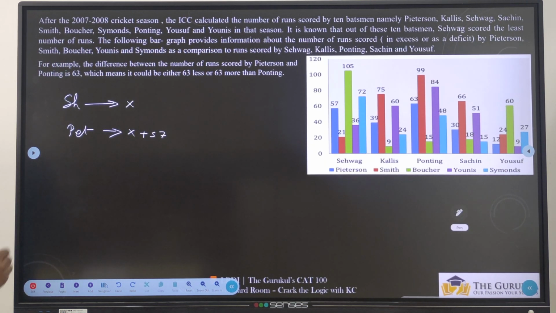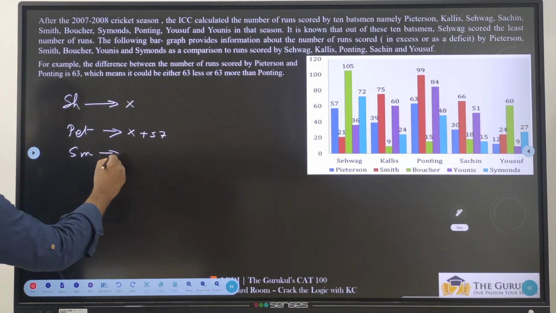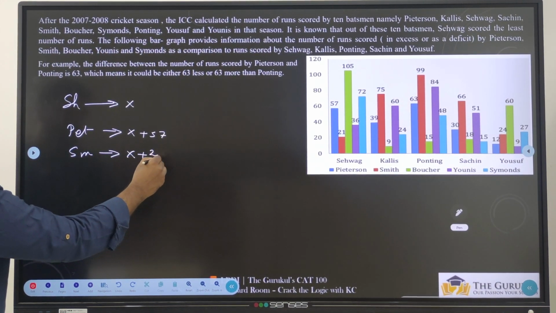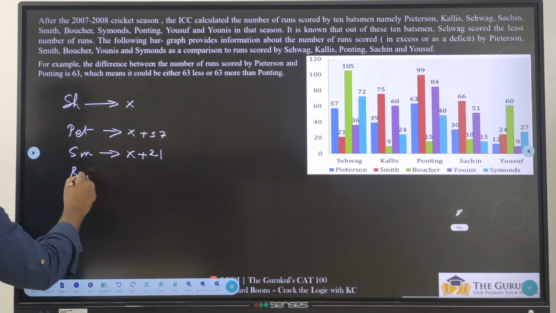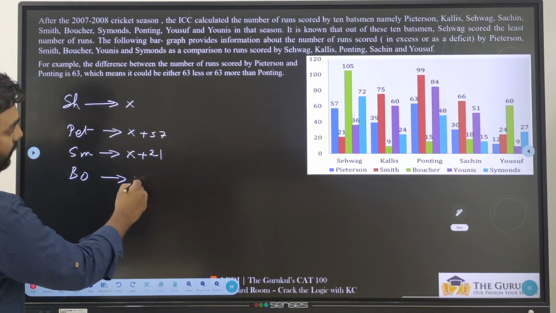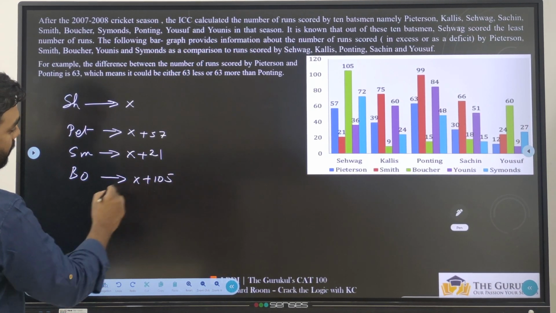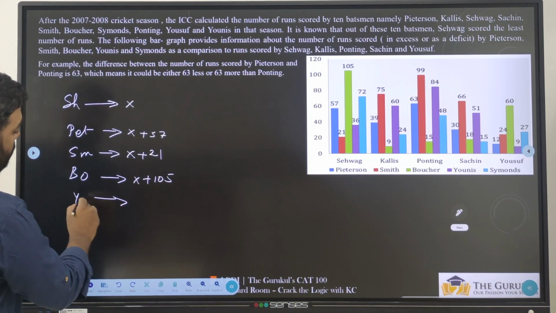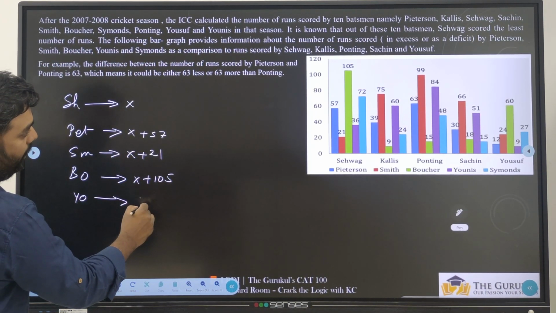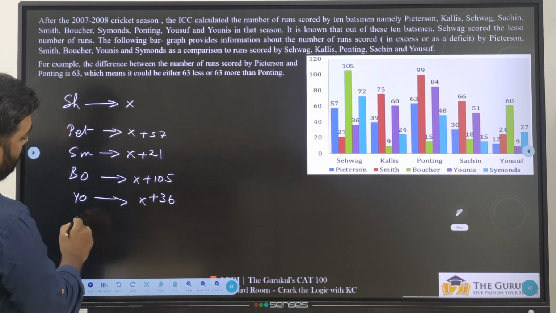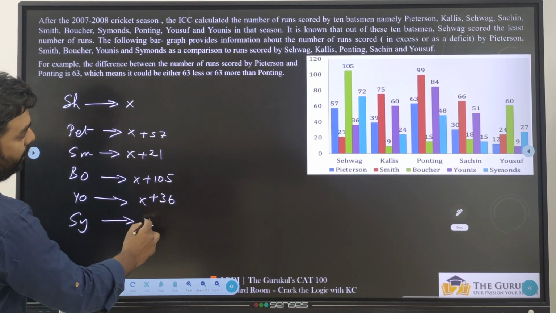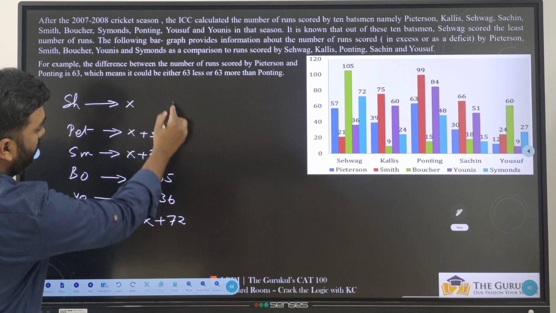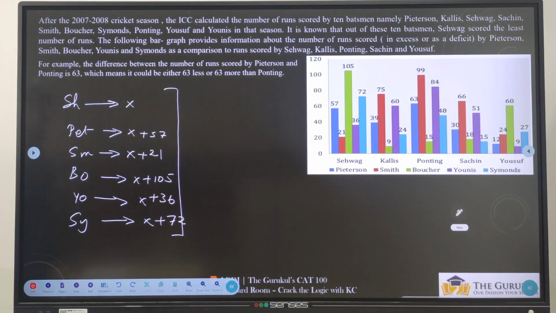Okay. So next person, Smith, should be scoring X plus 21 and Boucher should be scoring X plus 105. Y should be scoring X plus 36 and Simon should be scoring X plus 72. These are the scores of the other people in comparison to Sehwag's score.